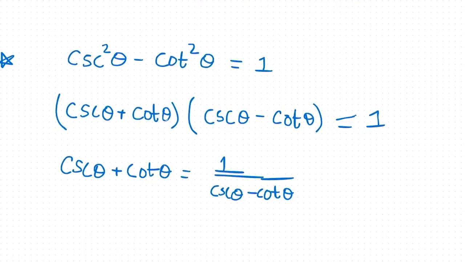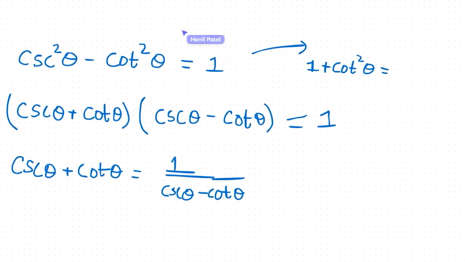Okay, next is, from here we can also derive that 1 plus cot square theta is cosec square theta.